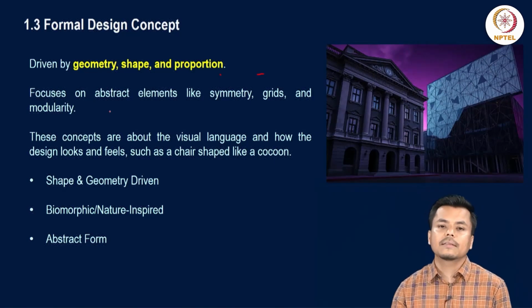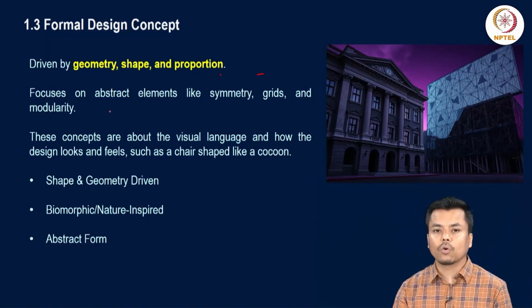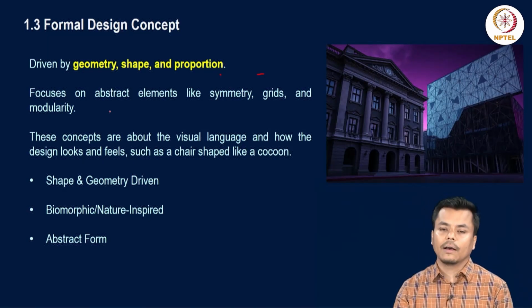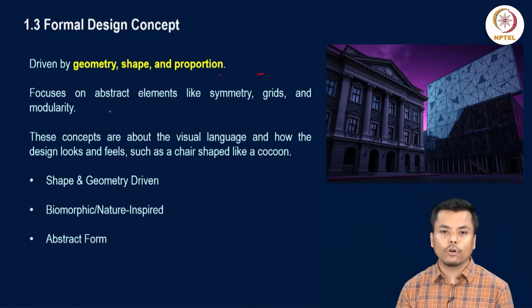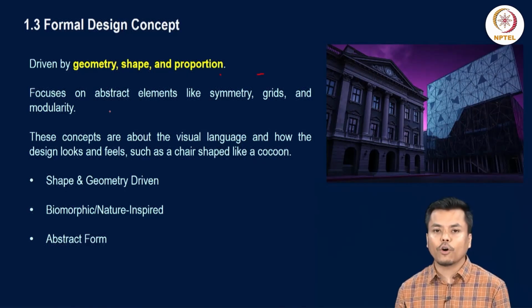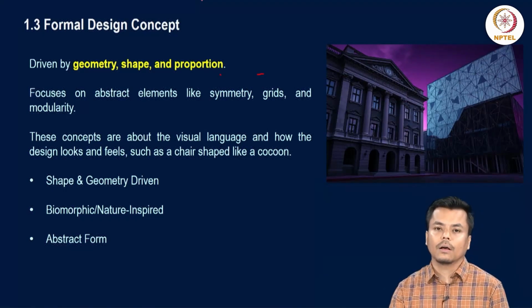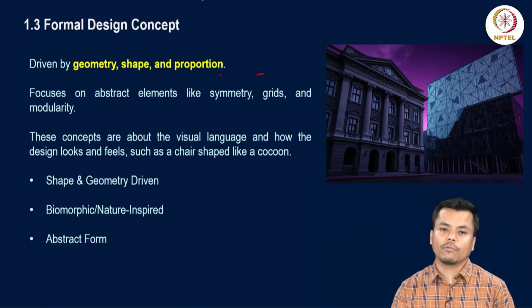If you have seen some very historical buildings of Greece or Rome, most of them were based on the formal design concept. That means some formal ideas about how the architecture of a building should be. This has much less relevance to the typology of the building, and is based on the formal architectural principles that we learn in architecture. These ideas were the basis to develop the concept for the project.